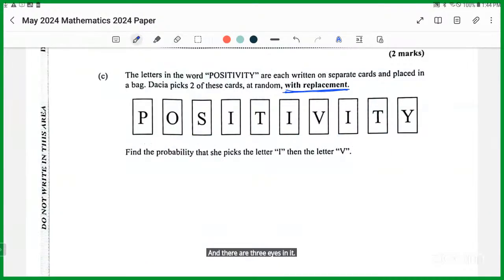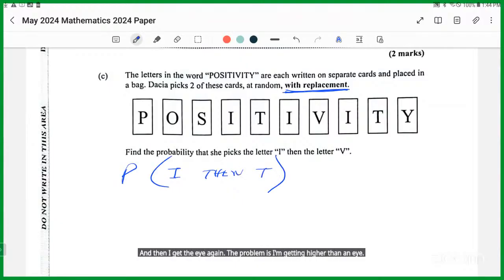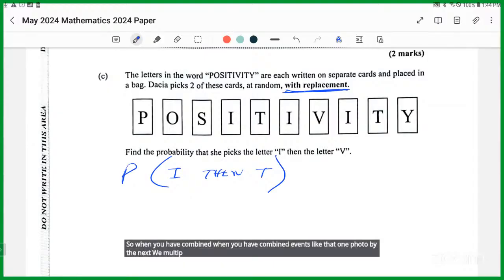Now, to get an I, and then get an I again, the probability of getting an I followed by an I, you're going to multiply the probabilities. That's what you do. When you have combined events like that, one followed by the next, you multiply the probabilities.